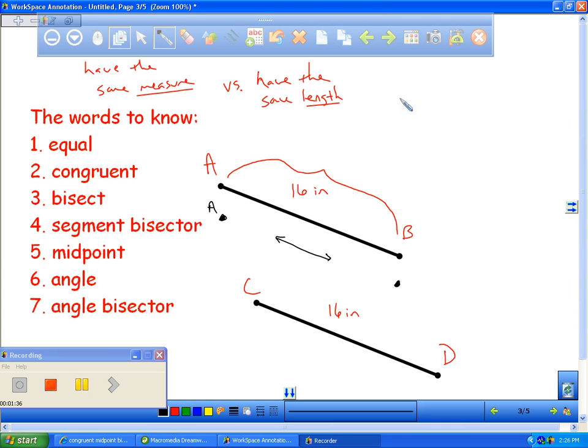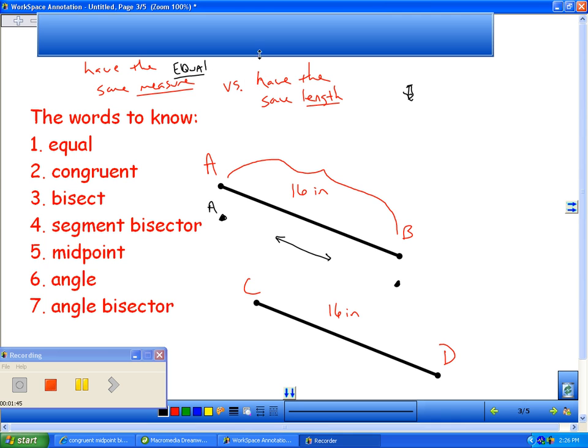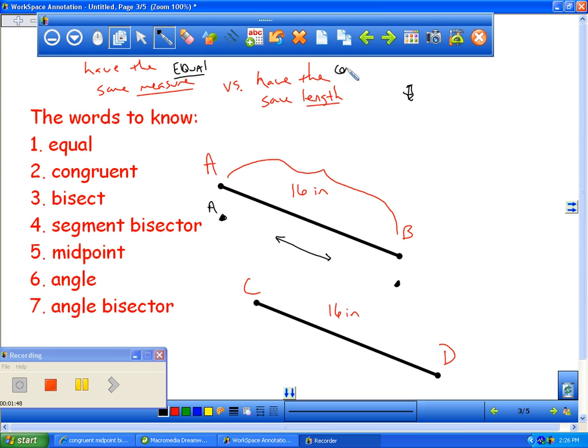So equality is the same in measure. That would be equal because that is a number. And then the same in length would be congruent because that is talking about shapes. Now, if I'm talking about these segments here, I can say that this segment AB is congruent to the segment CD.